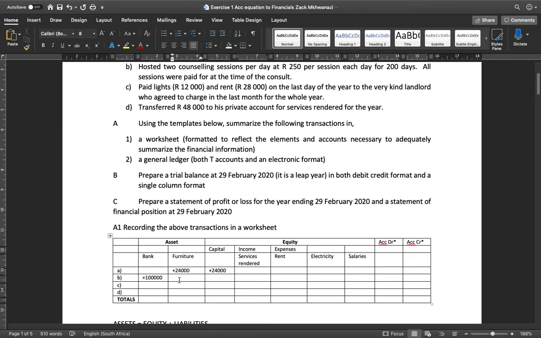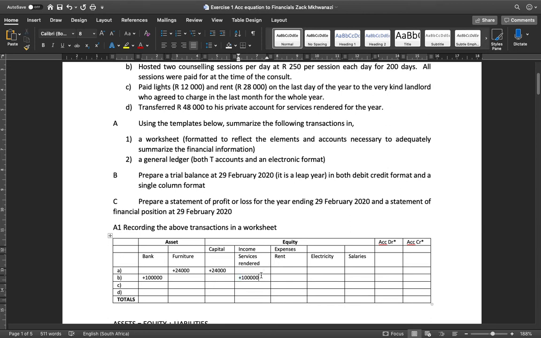Now another component of equity is the income. And the service was rendered, and we can say that the effect of this transaction on equity is that equity has increased. Now remember, when we're thinking about this increase here, we're thinking not in relation to income, we're thinking in relation to equity.